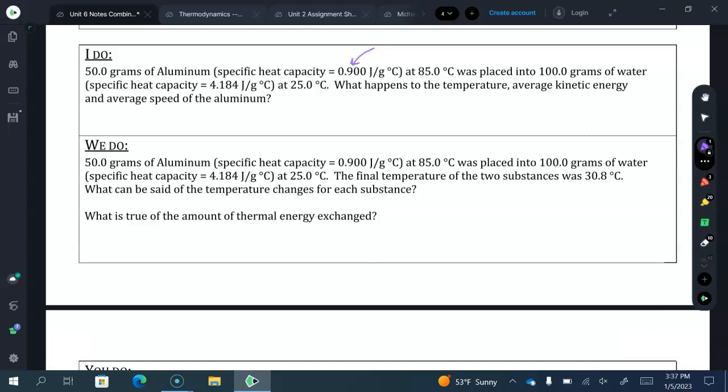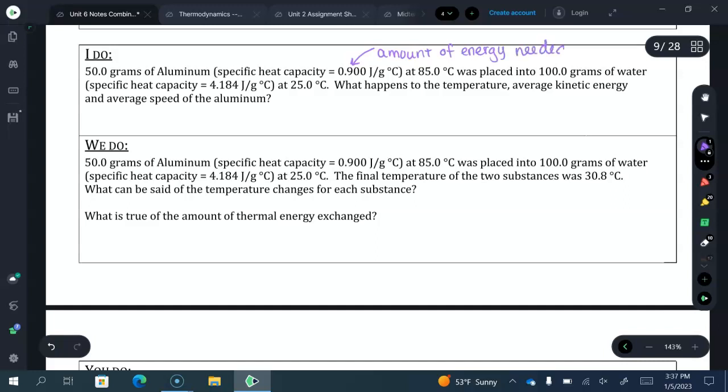This specific heat capacity is a measure of the amount of energy to raise the temp of 1 gram of the substance by 1 degree Celsius.